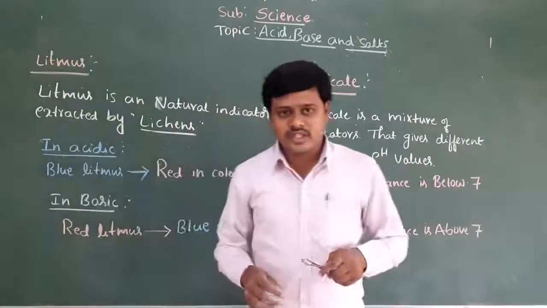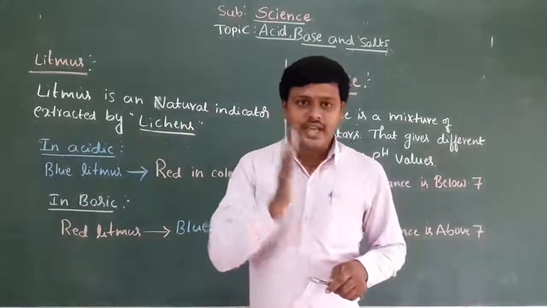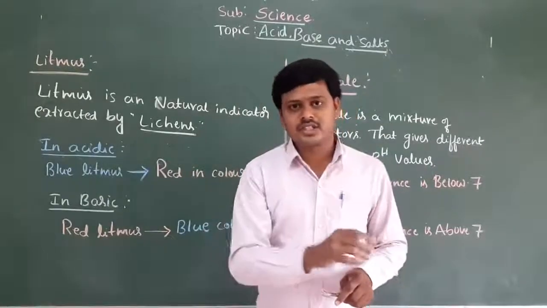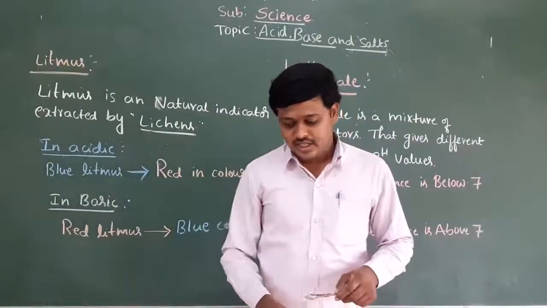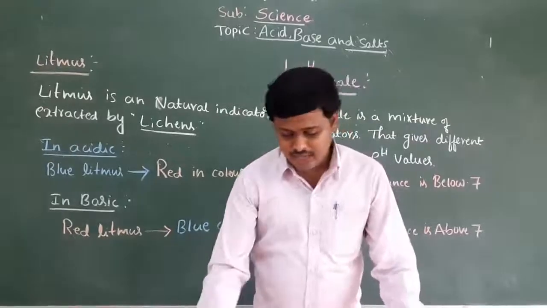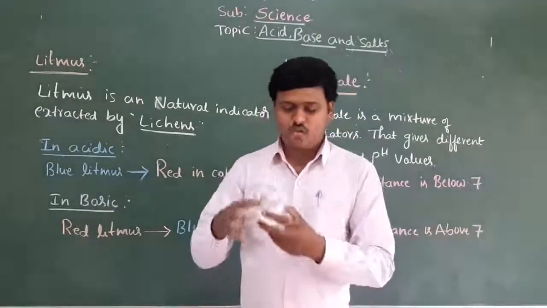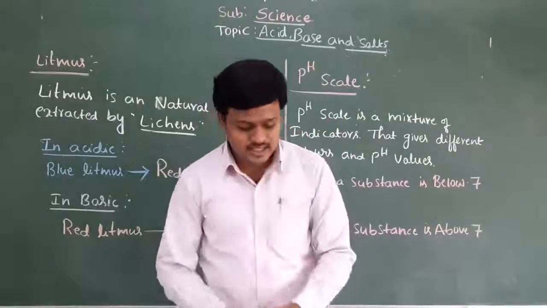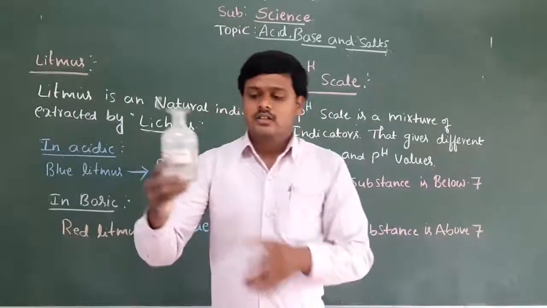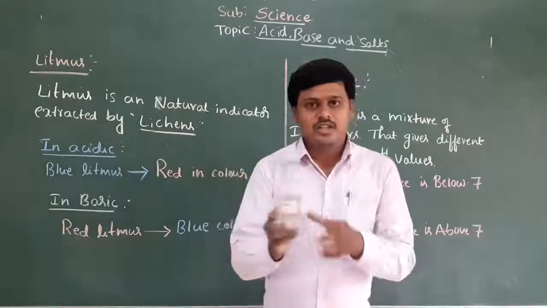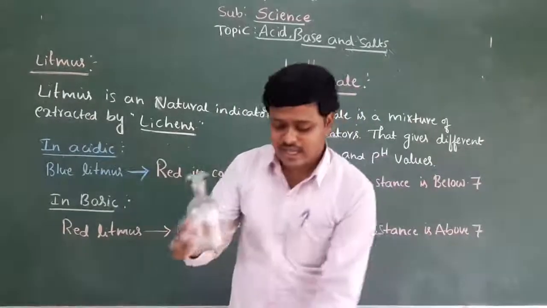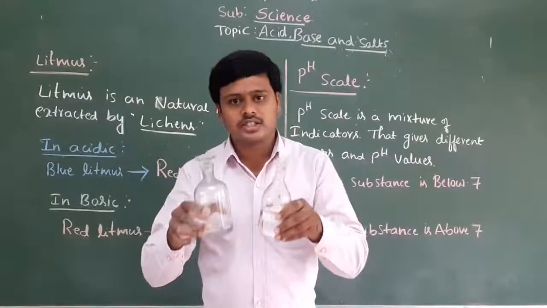This activity includes pH paper, to identify whether it is a basic or acidic substance. Dear students, for this activity I am going to take a few reagents: acetic acid, hydrochloric acid, and ammonium hydroxide. Ammonium hydroxide is a base, and the hydrochloric acid and acetic acid are acidic media.